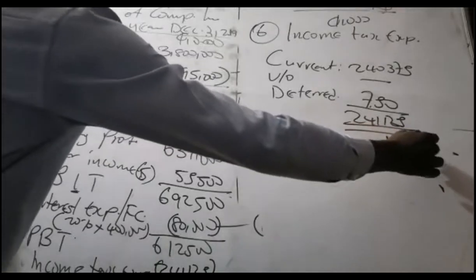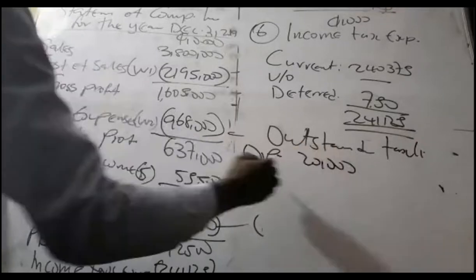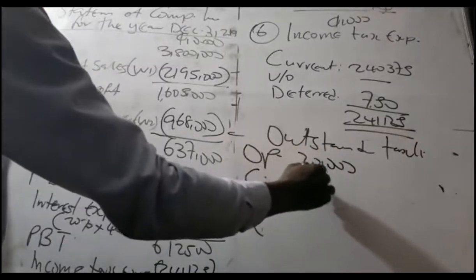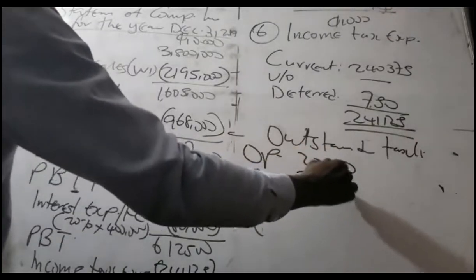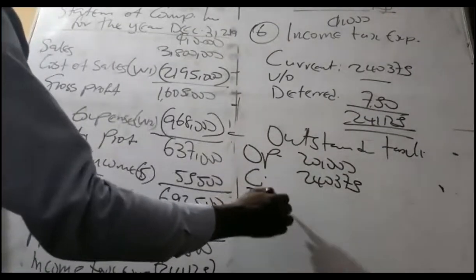Tax liability. First, opening balance 20,000. Current year charge 240,375. Then tax paid. Let's go and pick the tax paid from the question.